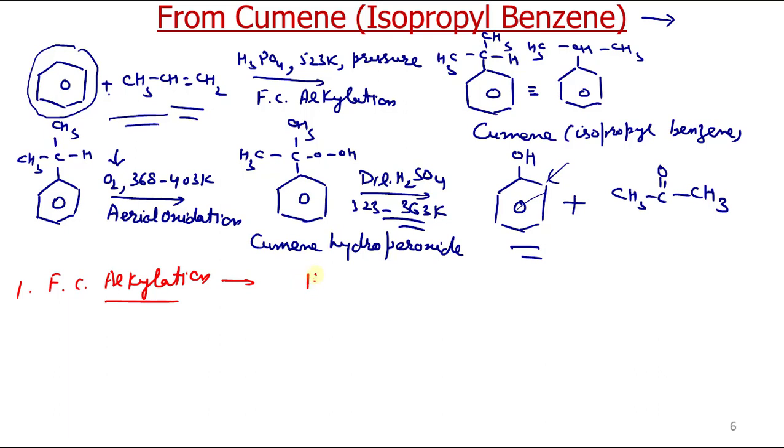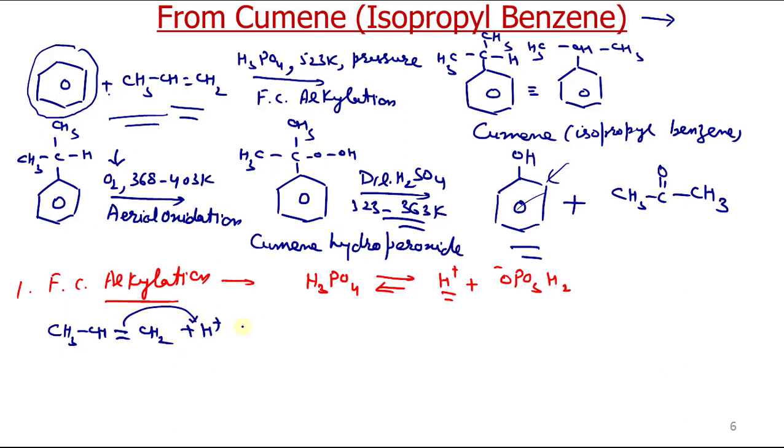The first step is that phosphoric acid ionizes to give you H positive plus H2PO4 negative. Now this proton will add to propene in the next step, CH3 CH double bond CH2 plus H positive.